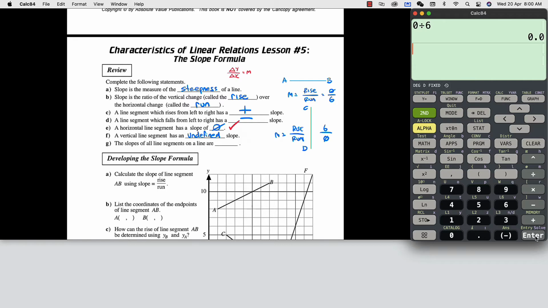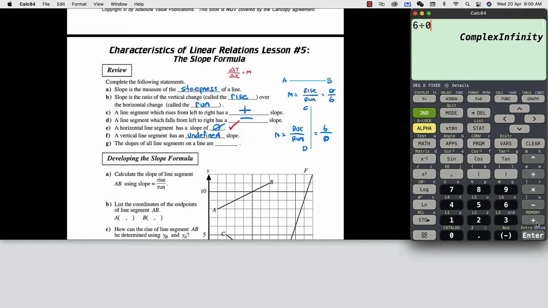Again, an example would be 6, and if I go onto my calculator and hit 6 divided by 0, in this case, on the online calculator, it's saying complex infinity. On yours, it might give some type of syntax error, but it's not going to return a numerical value. So you know that it is impossible, and we call that undefined.